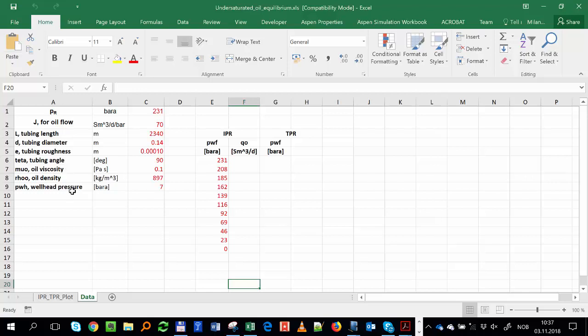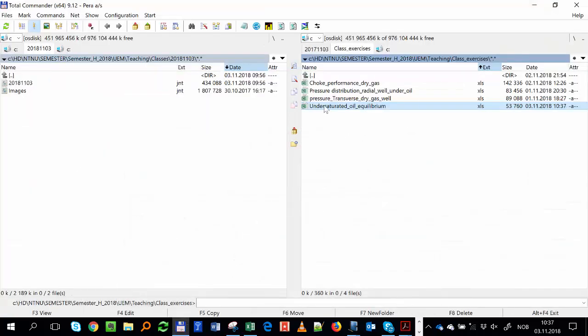So we have this system. It has only oil. You can open the class exercise called undersaturated oil equilibrium.